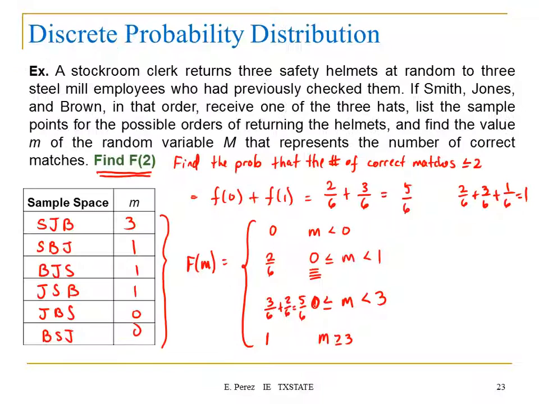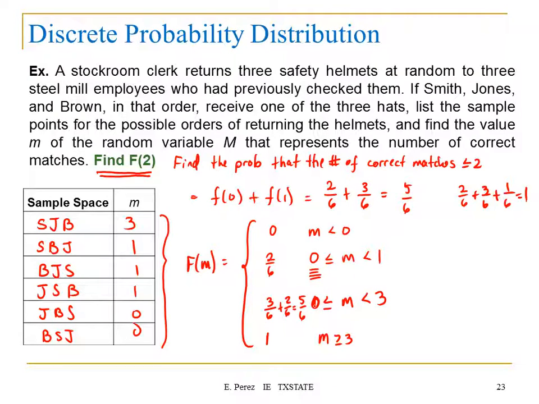Here we're looking at the outcomes. So the outcomes are defined by this column. The first one is when the outcomes are less than 0, so that never happens. The second one is when the outcomes go from 0 to 1, and 1 is not included, so that only happens here, 2 out of 6.